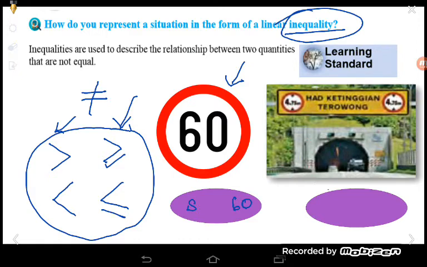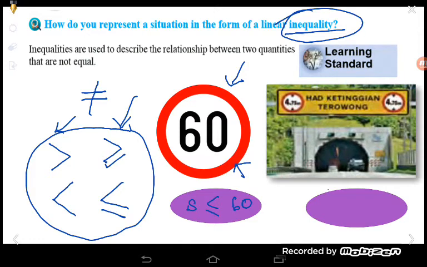Can you drive more than 60 or less than 60? If you see this sign, the speed can be less than or the same as 60. You cannot go above 60. The police will fine you.